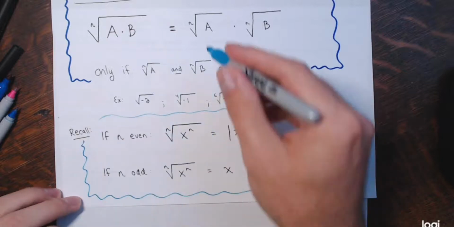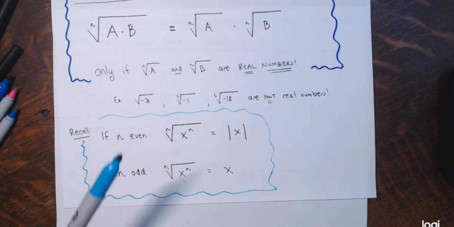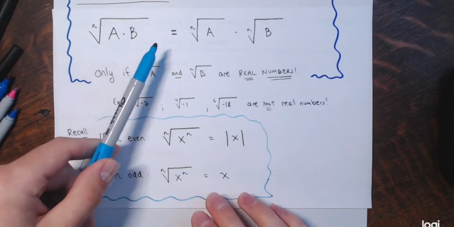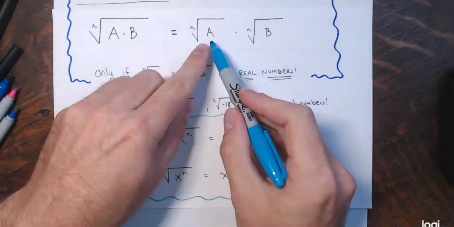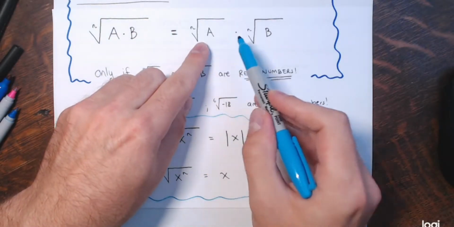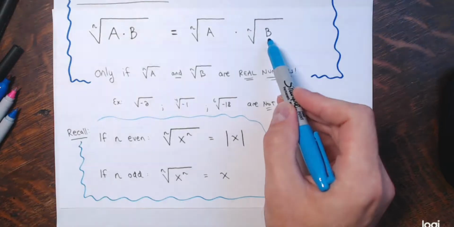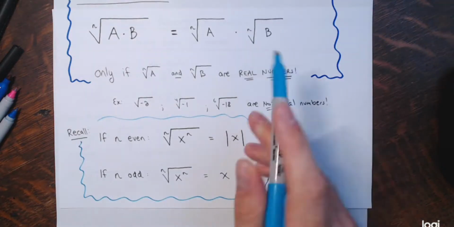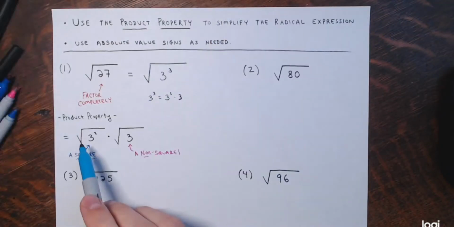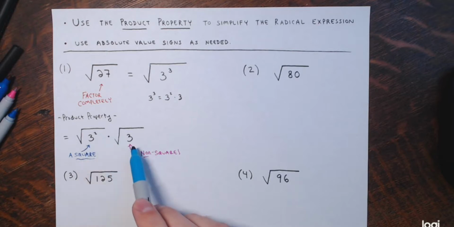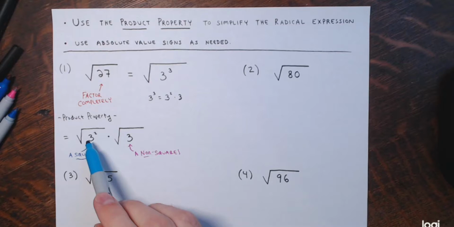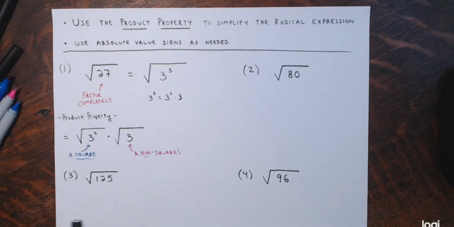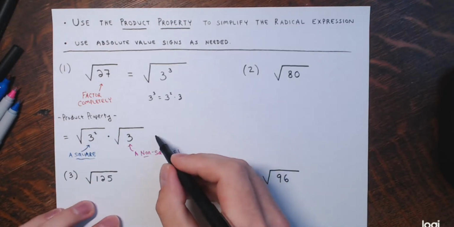And I'm going to keep relying on this, using the product property to break it up into the nth root of an nth power times the nth root of a non-nth power, just like I have here, square root of a square times the square root of a non-square. And it's the square root of a square, the nth root of the nth power, that we will simplify.